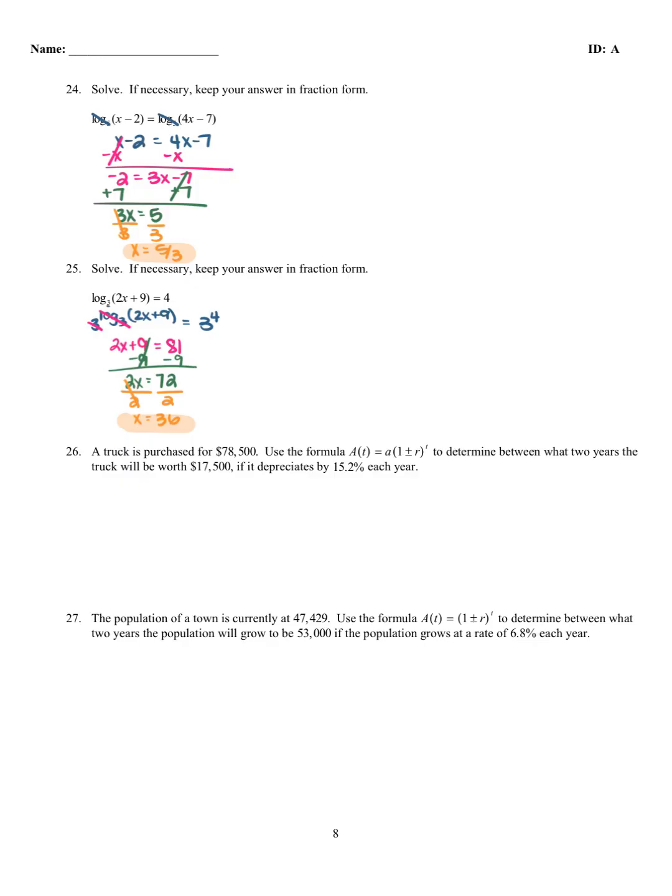For 26, it tells us that a truck is purchased for $78,500. We're using the formula A of t is equal to a times 1 plus or minus r to the power of t to determine between what 2 years the truck will be worth $17,500 if it depreciates by 15.2% each year. So we're depreciating, which means we're going to use subtraction with this.